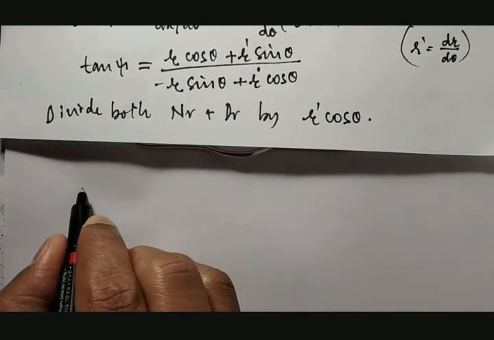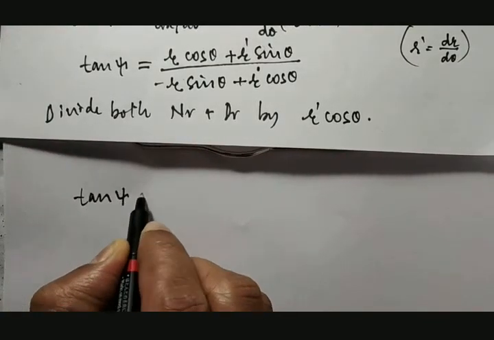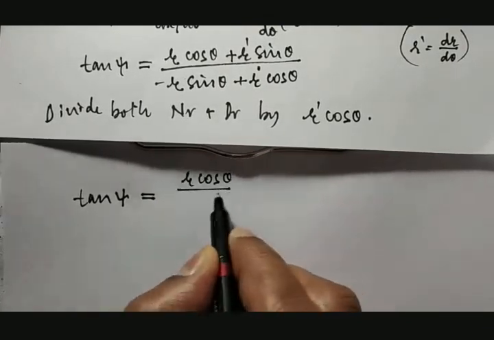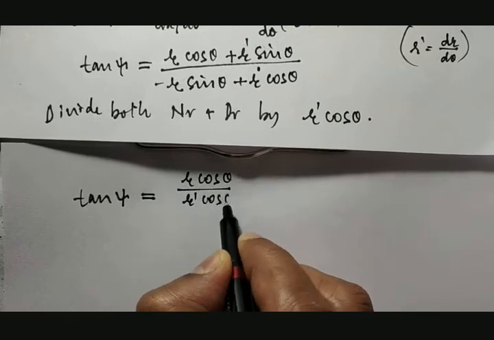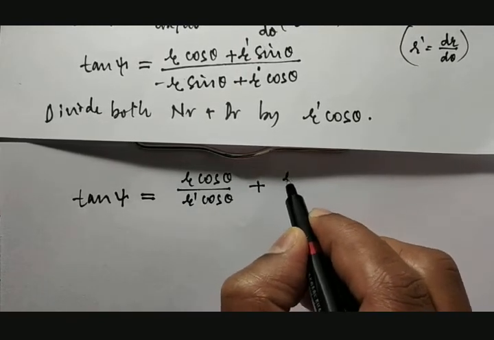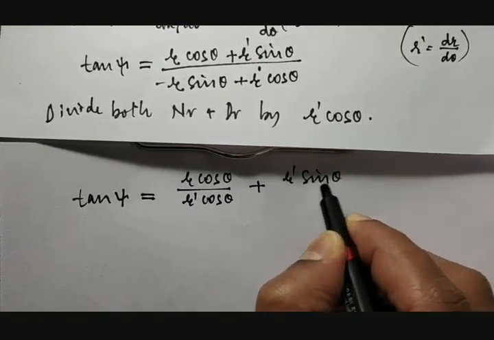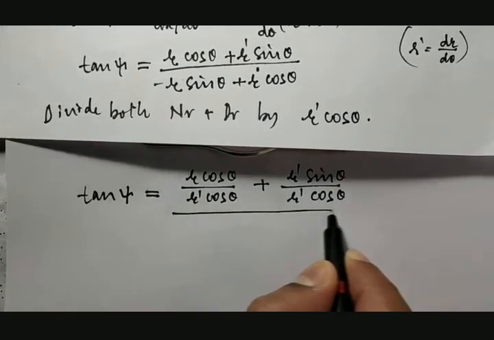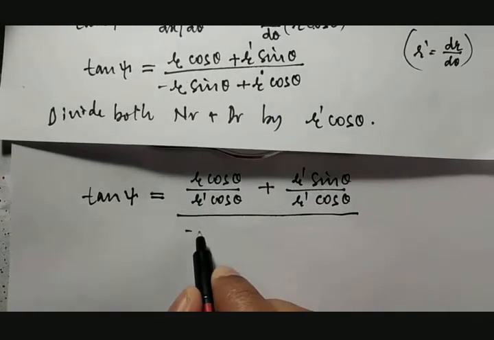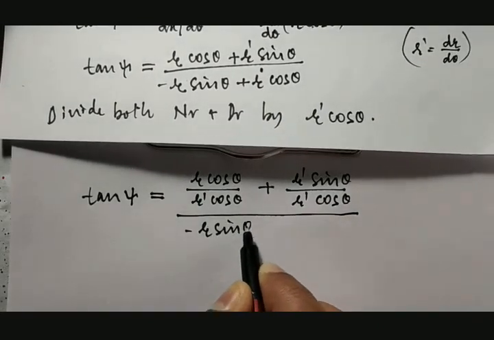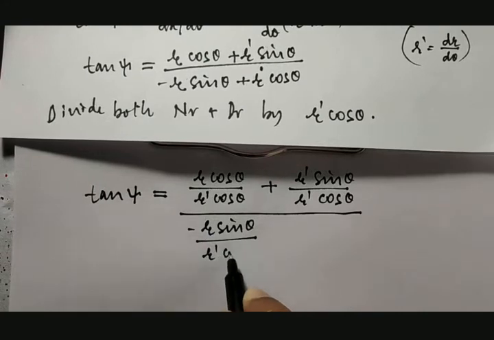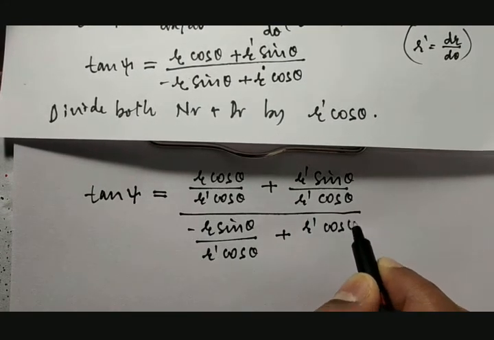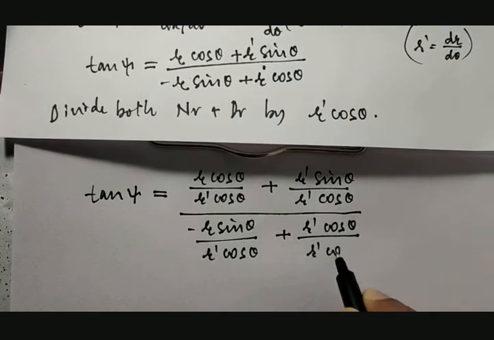This equation becomes tan psi is equal to r cos theta divided by r dash cos theta plus r dash sin theta divided by r dash cos theta, this whole divided by minus r sin theta divided by r dash cos theta plus r dash cos theta divided by r dash cos theta.